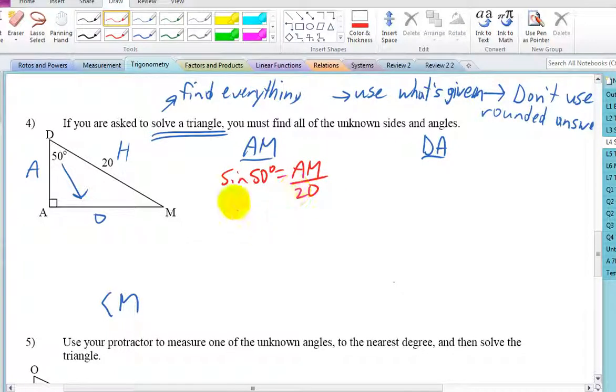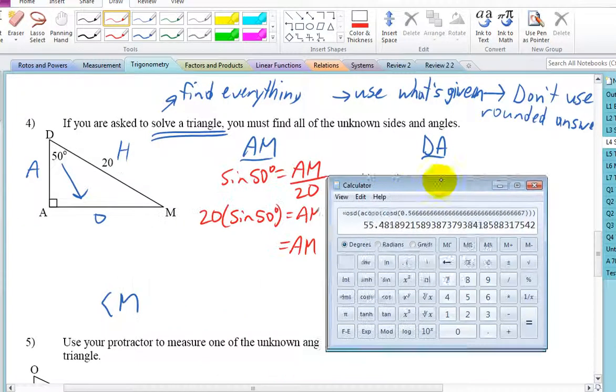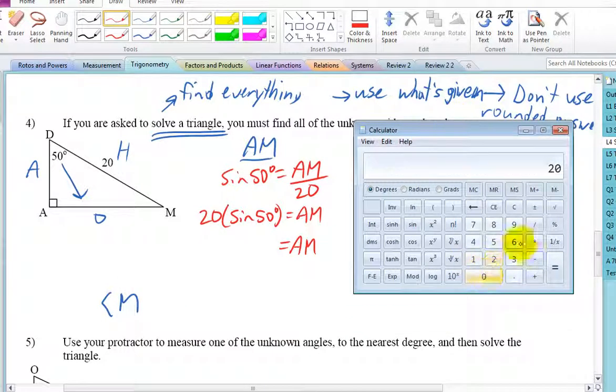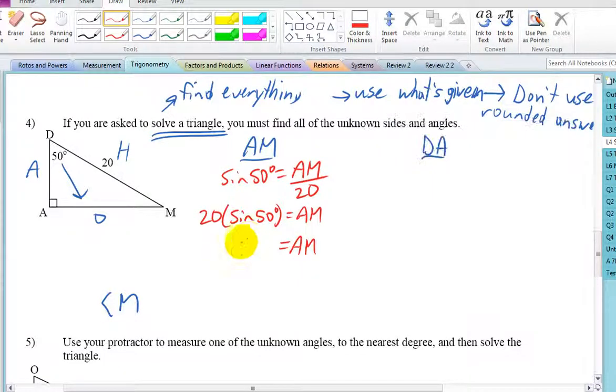That's fine. And there's the work, same as the bottom of the page on the other side. You get 15.3.